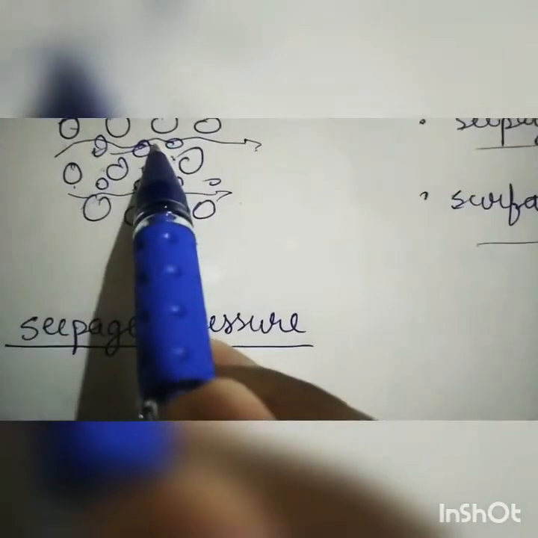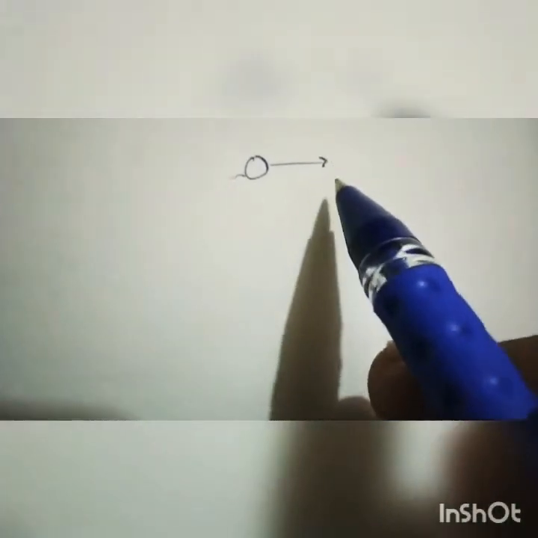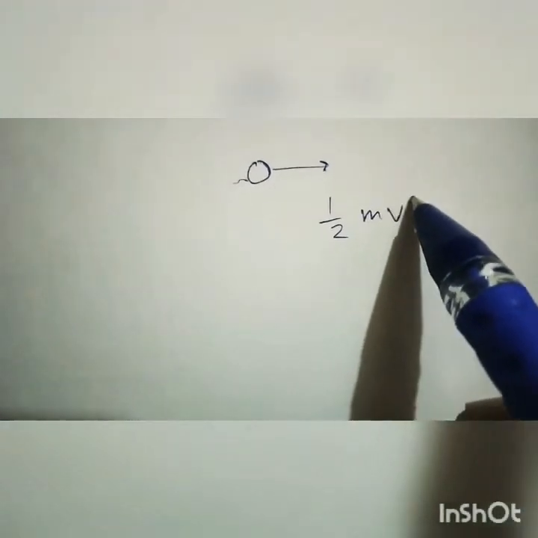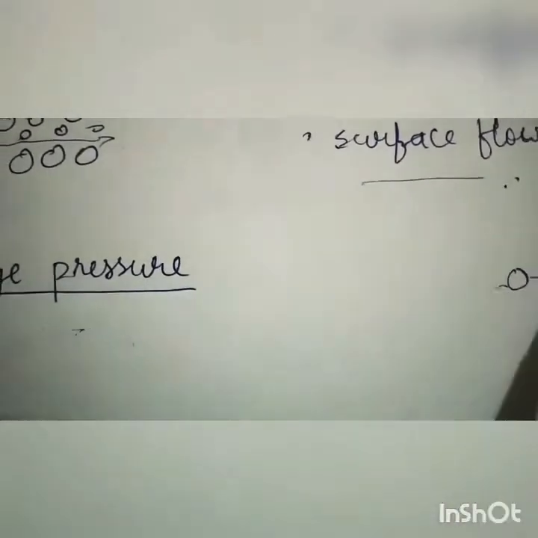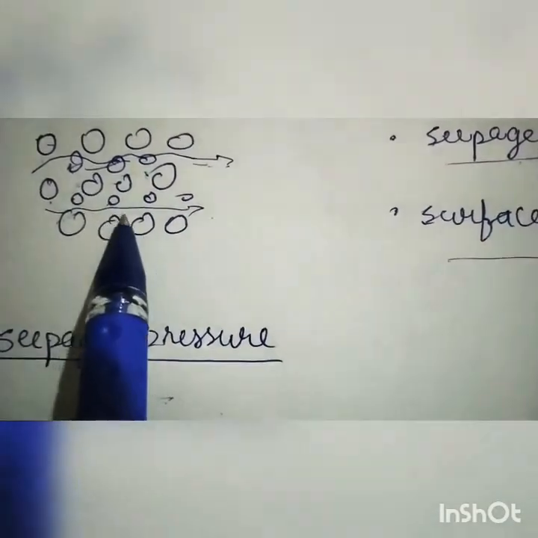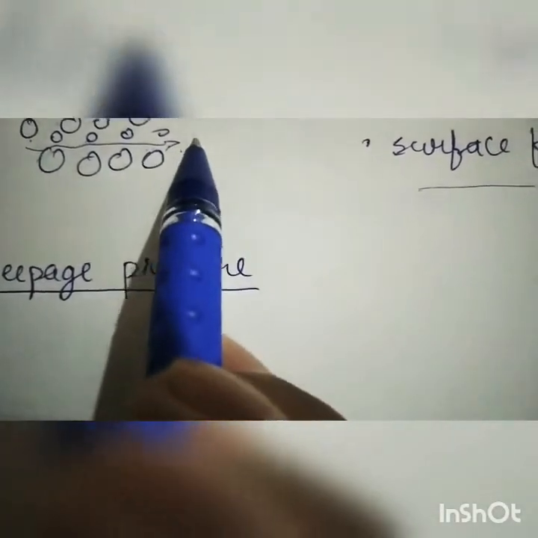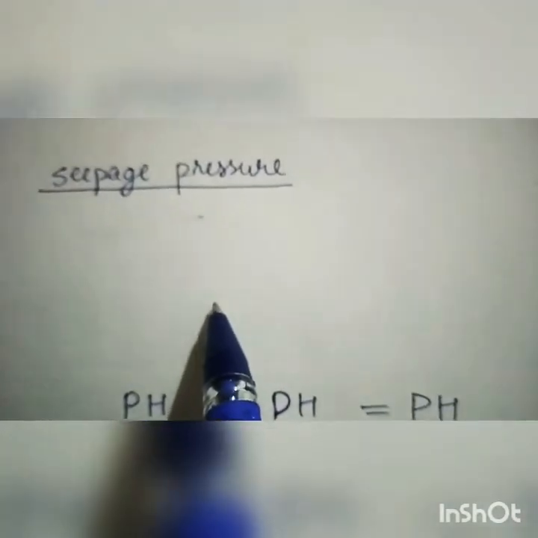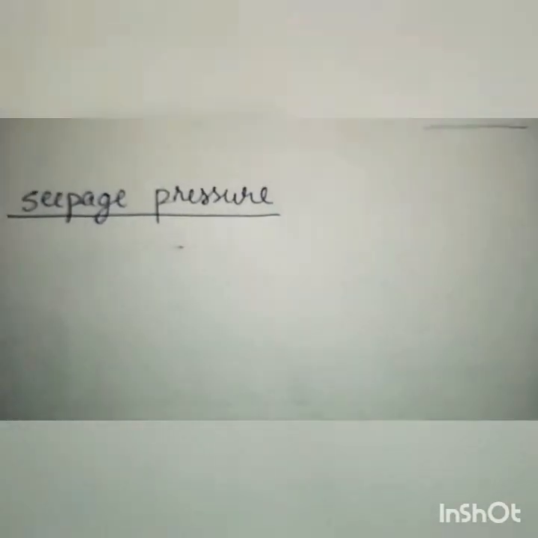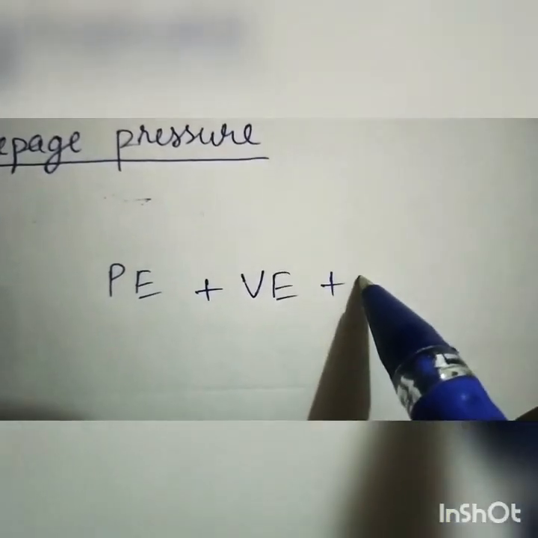Now when the water flows, it must have some kinetic energy in it. That's why it's flowing. If I take an example of a ball, it flows, and we know that the kinetic energy is half mv square. In the same way, water also has kinetic energy, that's why it flows. And Bernoulli said that when water flows, it must have some pressure energy, velocity energy, and some datum head.